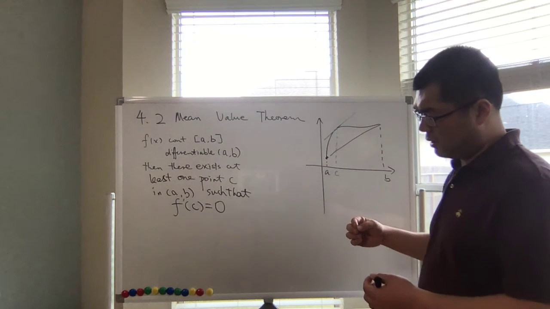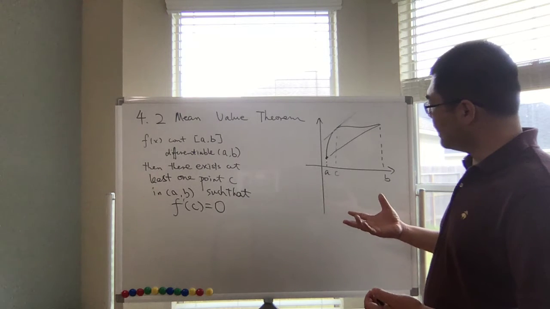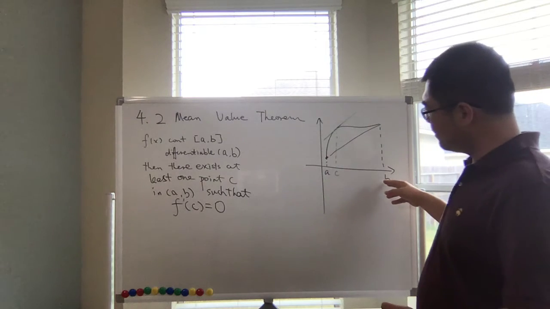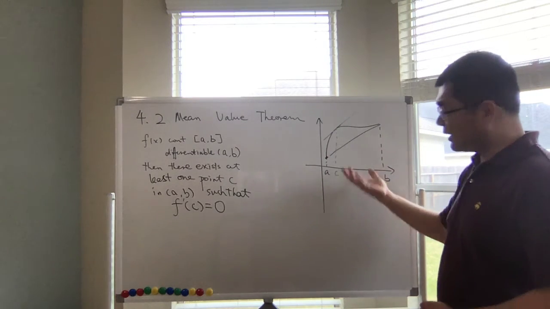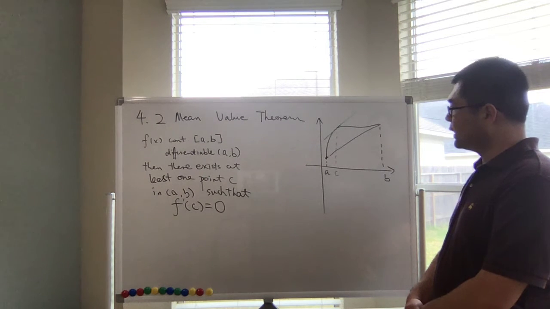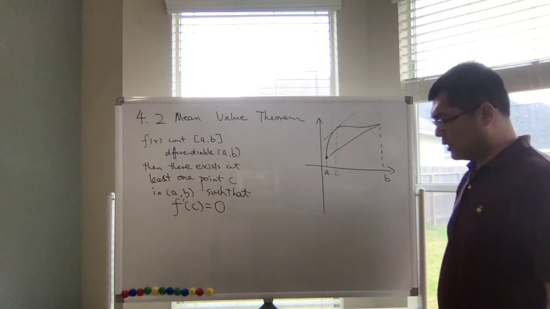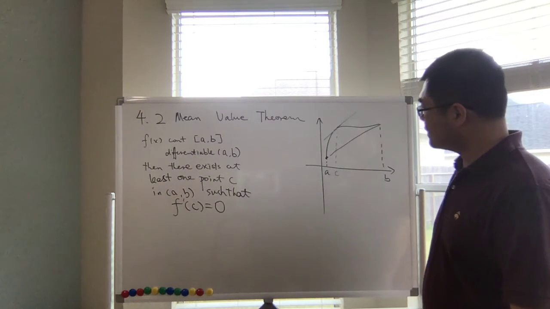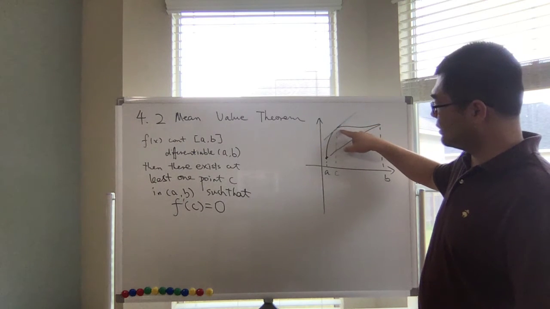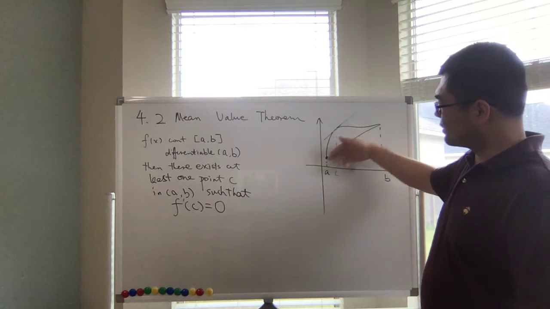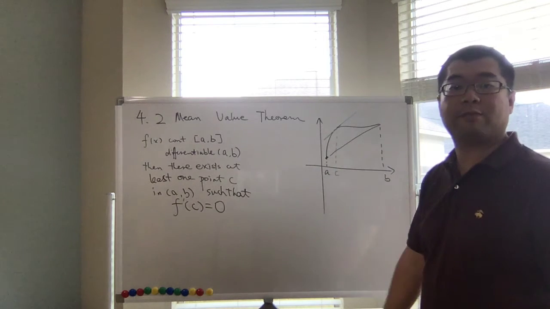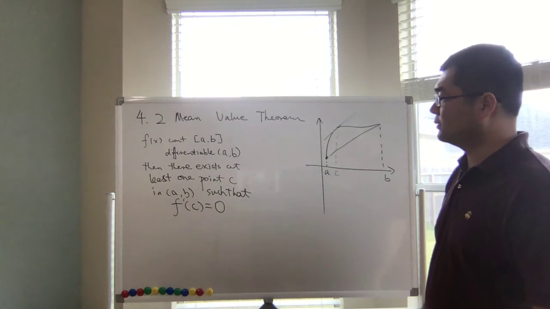And the main idea of the mean value theorem is that if you have a function continuous on the closed interval from a to b and differentiable inside this interval, there is going to exist a point c such that the slope of the tangent line at that point equals the slope of the secant line, which passes through (a, f(a)), (b, f(b)). Okay, so that's the main idea.